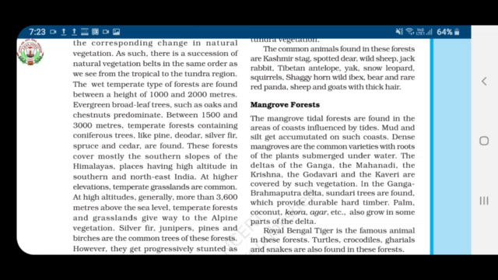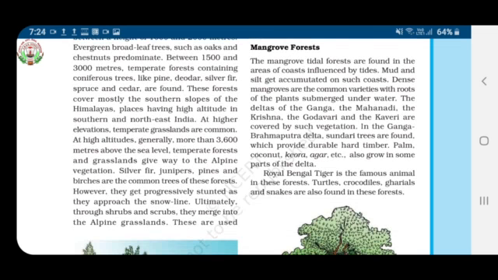So, alpine plants are plants that grow in an alpine climate which occurs at high elevation and above the tree line. The common trees of these forests are silver fir, junipers, pines, and birches. However, they get progressively stunted as they approach the snow line.